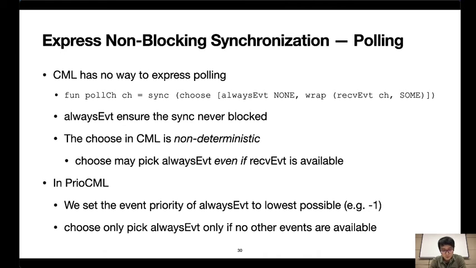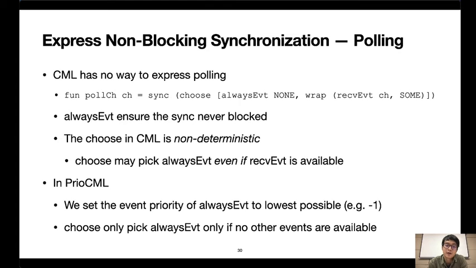And this tiered priority scheme gives us the power to express non-blocking synchronization, also known as polling. CML has no way to express polling. Consider the following code snippet. Here we have a polling function taking a channel, and it performs a choose between an always event and a receive event.